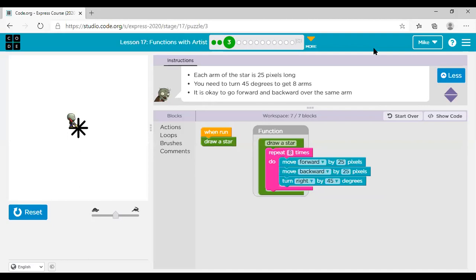What I want you guys to do is keep practicing this. Figure out what happens if something like that happens. What happened is we moved forward, then we turned, and then we moved backwards. Because we faced in a different direction, our artist moved in a different direction. So we moved forward, moved back, putting us back into the middle. In the example that I showed you, we jumped back to the middle point.